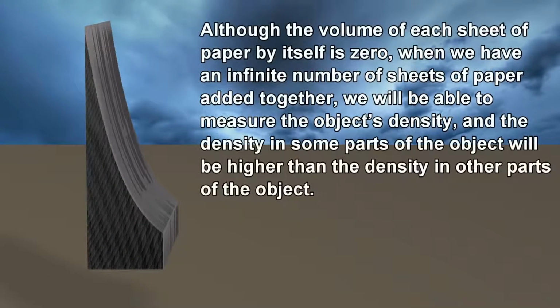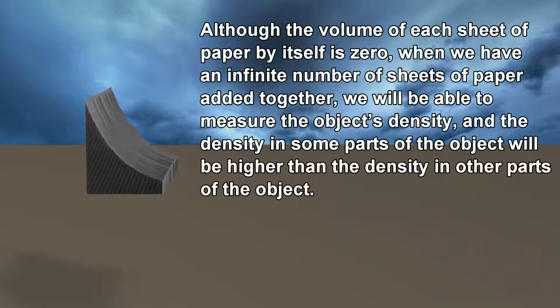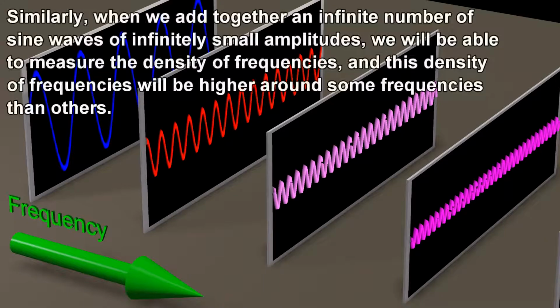Although the volume of each sheet of paper by itself is 0, when we have an infinite number of sheets of paper added together, we will be able to measure the object's density, and the density in some parts of the object will be higher than the density in other parts of the object. Similarly, when we add together an infinite number of sine waves of infinitely small amplitudes, we will be able to measure the density of frequencies.